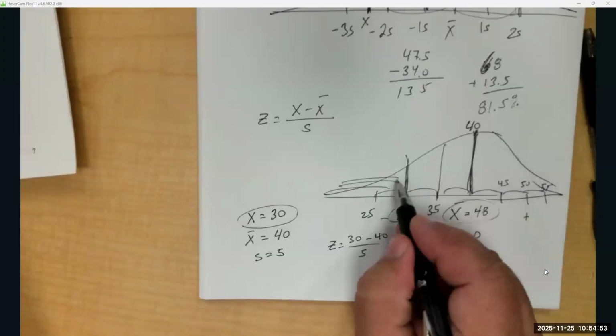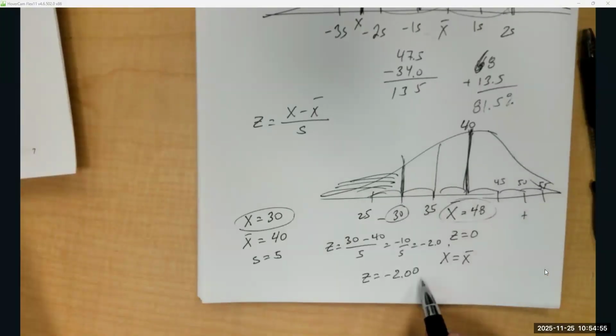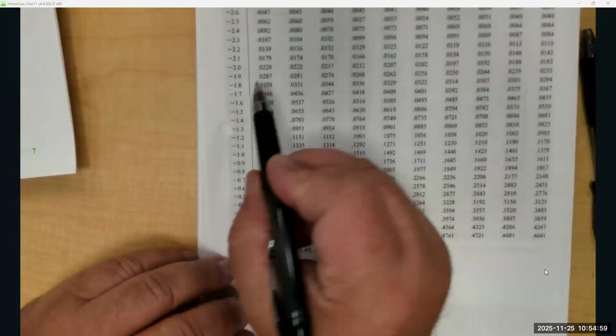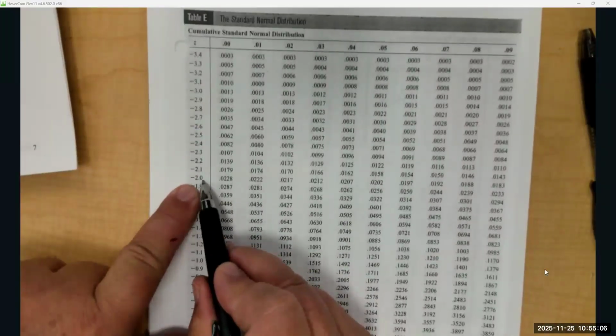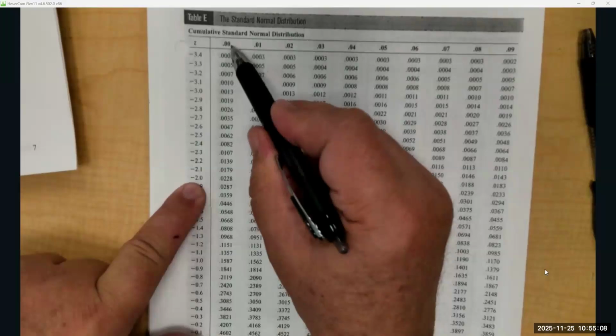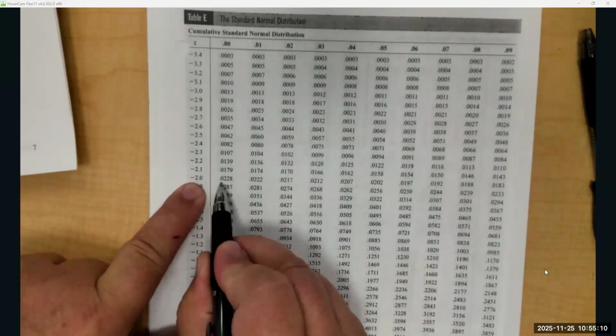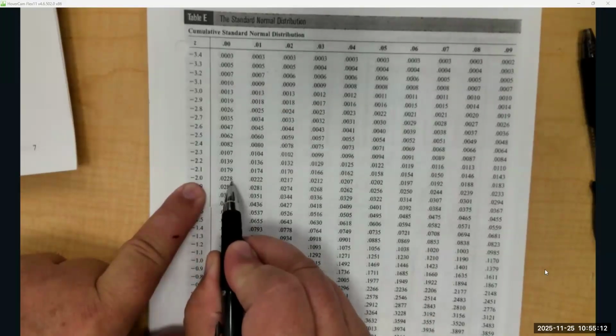In this one, we want to know what is to the left of negative 2.00. So we go to negative 2 here. This is the first decimal. Here's the second decimal. So it tells us 0.0228.